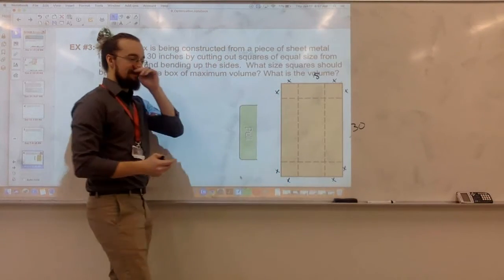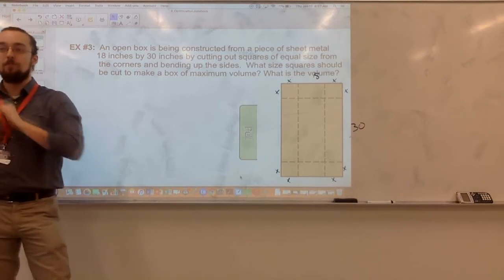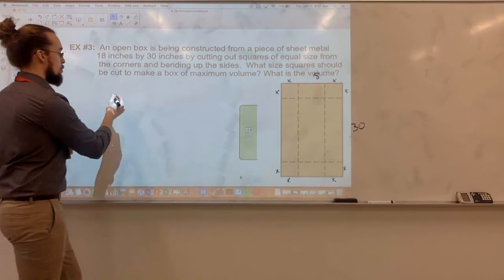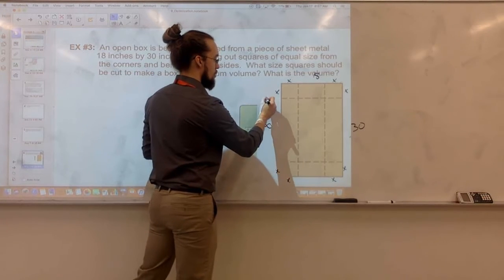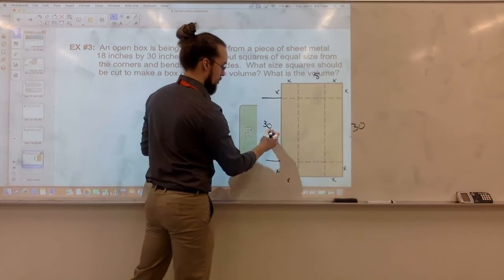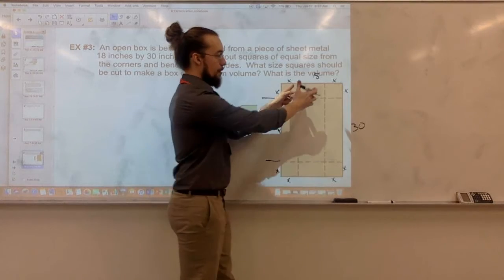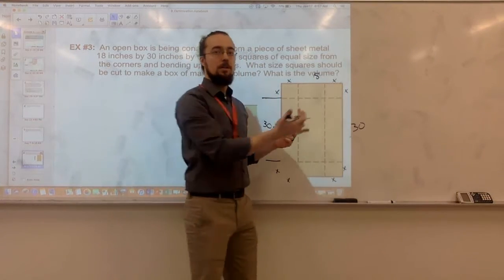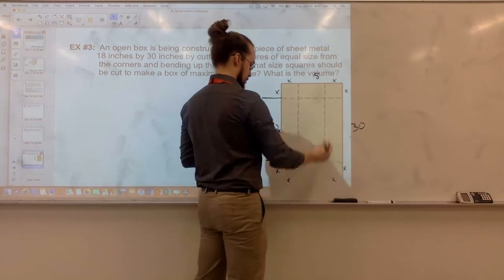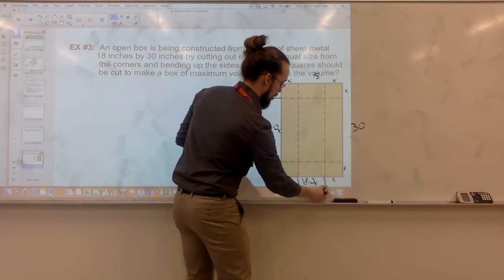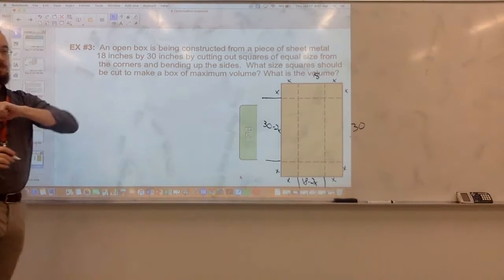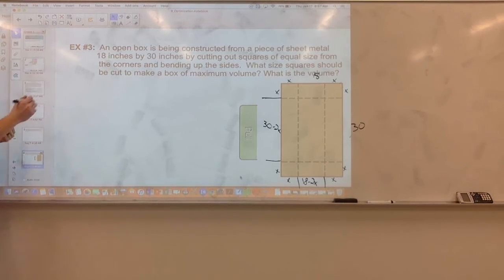30 minus 2x. Right? So I can say that, I'll write it here, this side here, just from here to here is 30 minus 2x. How about this piece here? 18 minus 2x. So what I want to do is maximize the volume. So what will the volume of this box be?